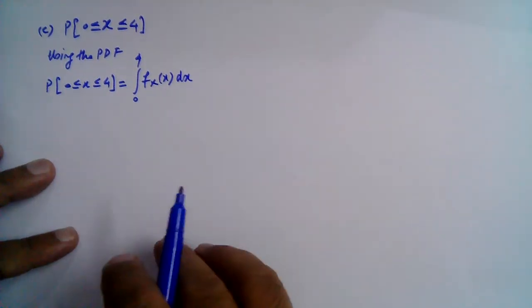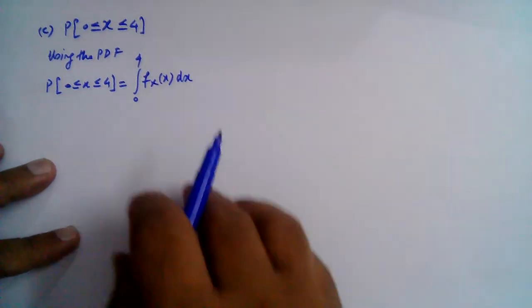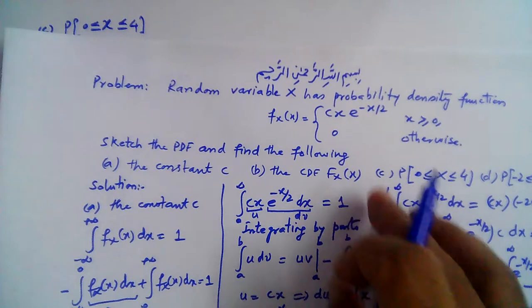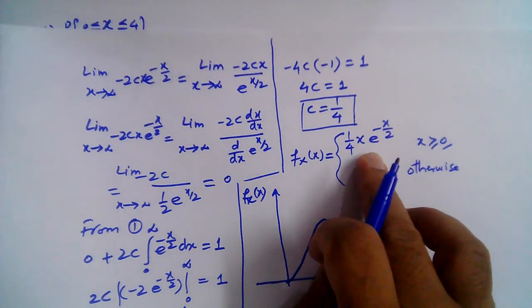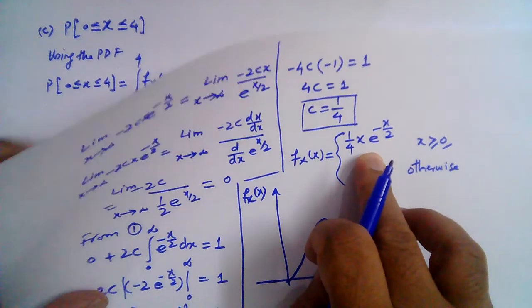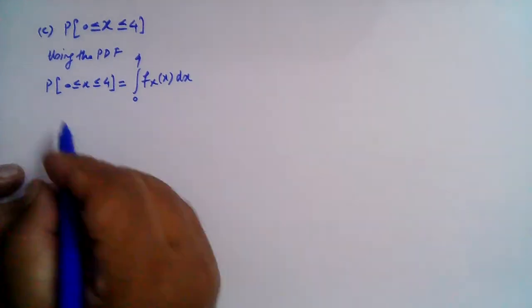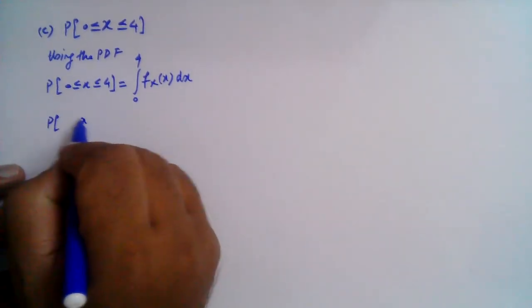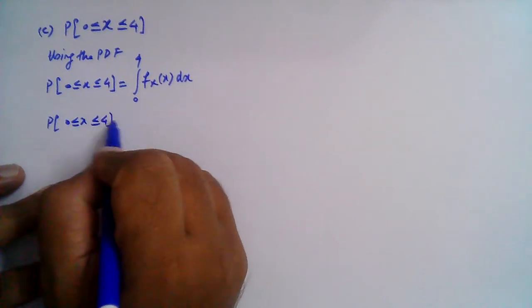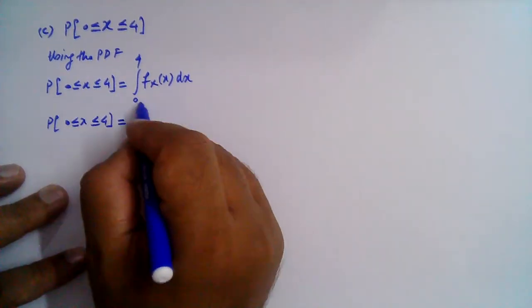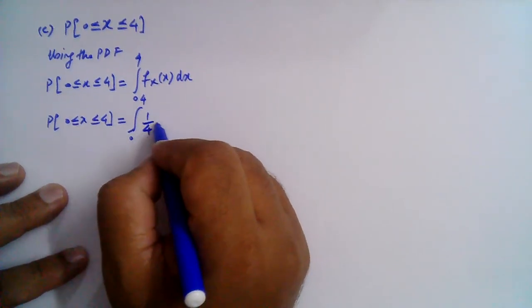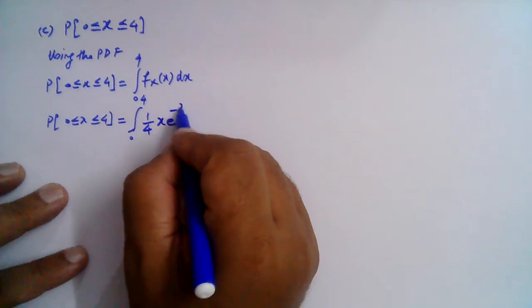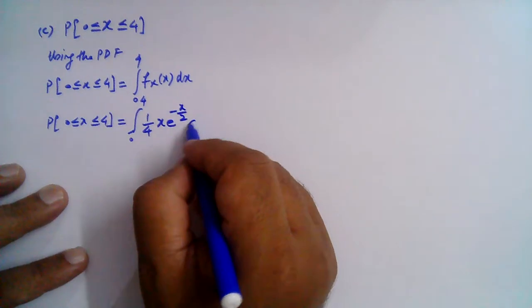We can put in the PDF that we have already determined here, and then evaluate the integral to find this probability. So the probability that X is between 0 and 4 is given by this integral from 0 to 4 of 1 over 4 x e to the power minus x over 2 dx.